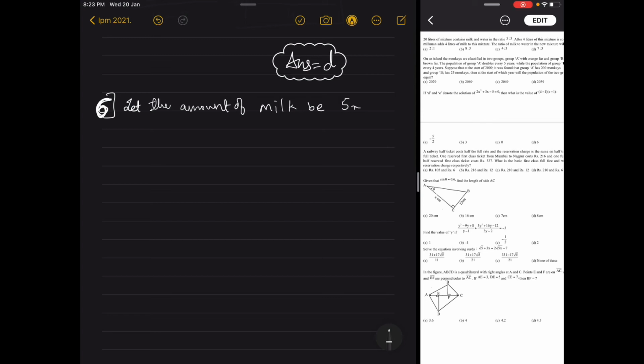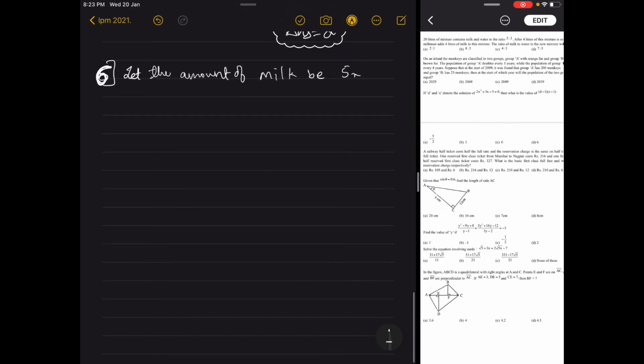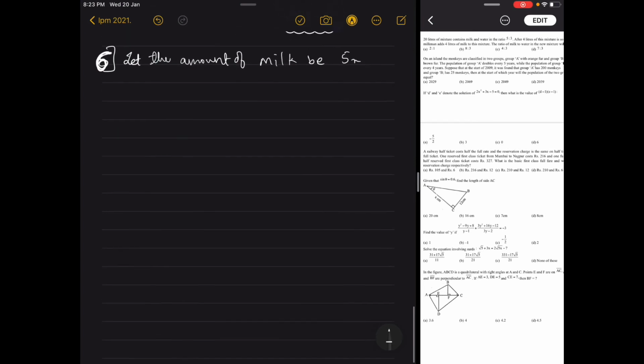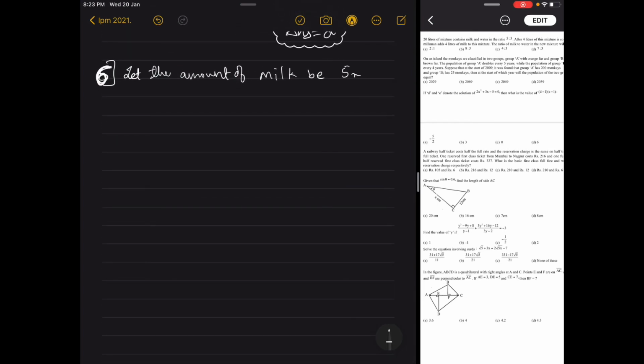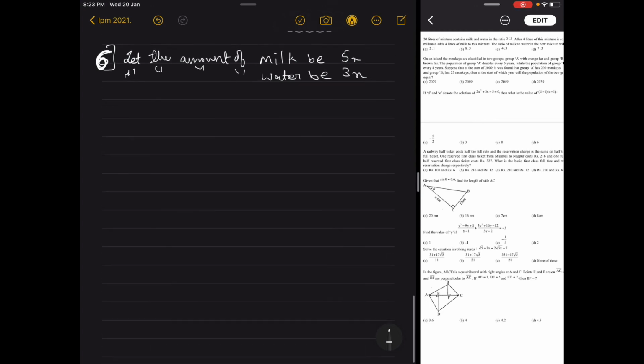So you might be knowing that, that's why you are here, right? Because this is for 9th and you have already studied this earlier. So let the amount of milk be 5x. Let the amount of water be 3x. I've done this so that I don't need to write more again.